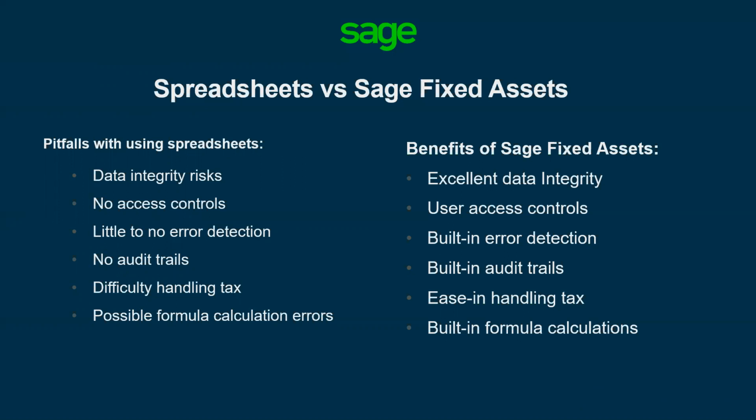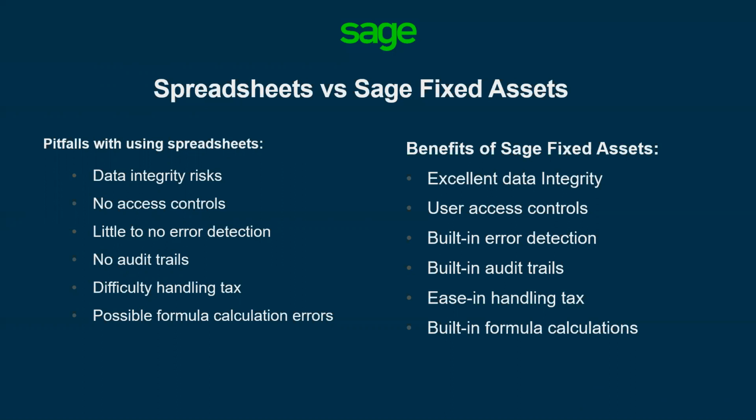So for example, in a spreadsheet, data integrity is pretty limited. It can be error prone. You don't have the ability to manage access control. Sure, you can password protect a spreadsheet, but you really cannot limit what individual users can do. It's an all or nothing type scenario.